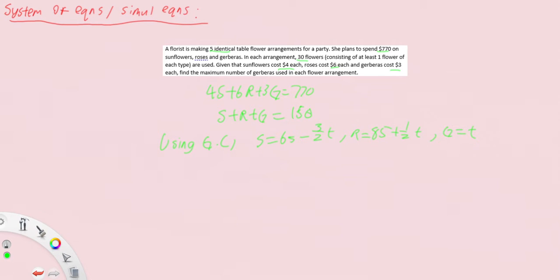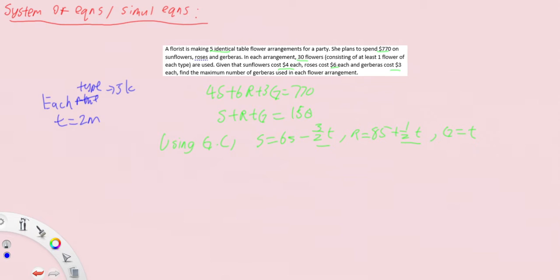So if you want to write these down, it's possible. Each type has to be of the form 5k, and each type has to be a whole number, right? Now, if you look at our solutions, we have 3 over 2 t, we have half t. To get rid of the fraction, we know that t has to be of the form 2m, right?